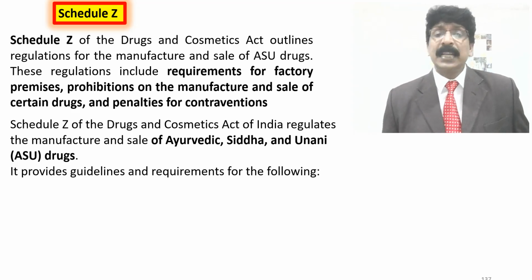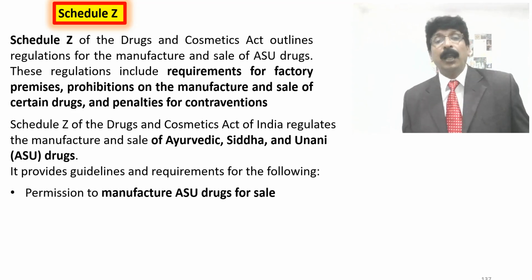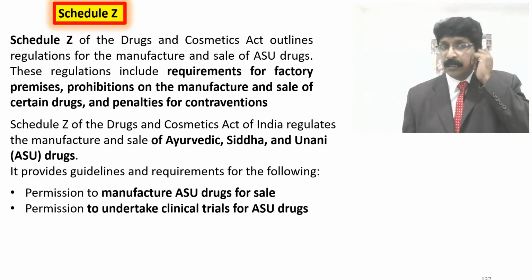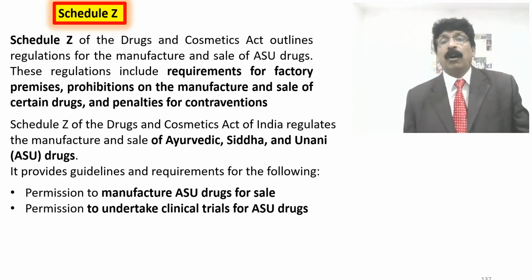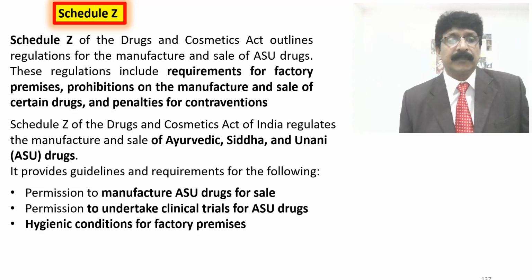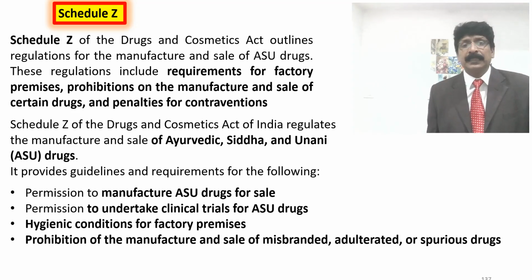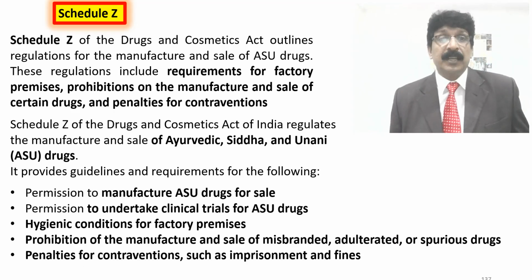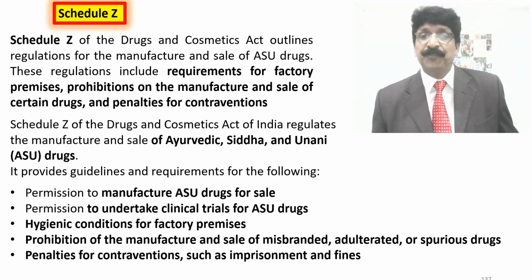It provides guidelines and requirements for the following: premises of manufacture of Ayurveda, Siddha, Unani drugs for sale, permission to undertake clinical trials for Ayurveda, Siddha, Unani drugs, hygienic condition for factory premises, prohibition of manufacturing and sale of misbranded, adulterated or spurious drugs, penalties and contraventions such as imprisonment and fines, which we have discussed.